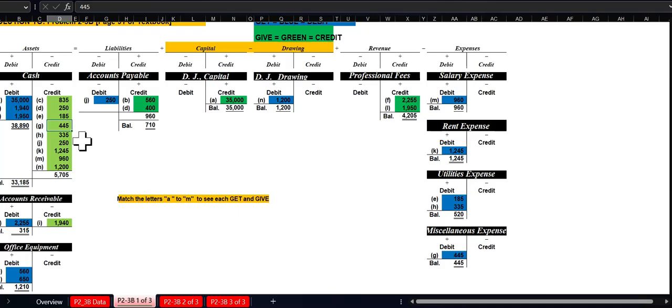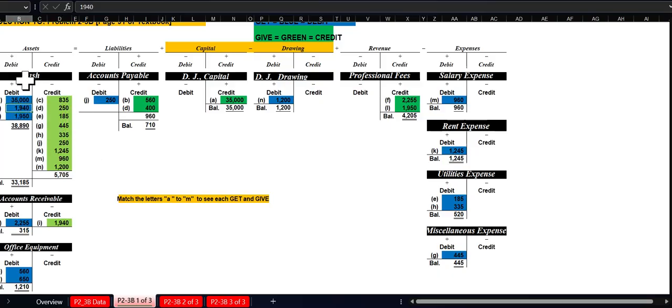Just like the asset account, every time I make a debit here, it's going to offset the credits. Same thing happens here. Every time I make a credit, it's going to offset the debit. Or if I make a debit, it's going to impact the credit.